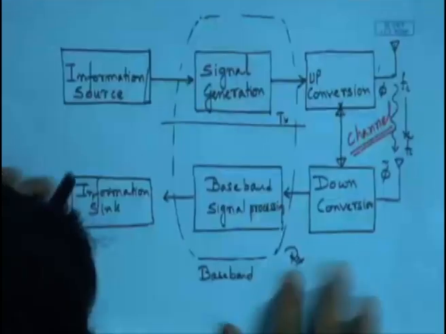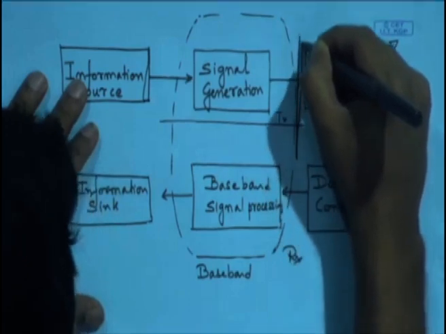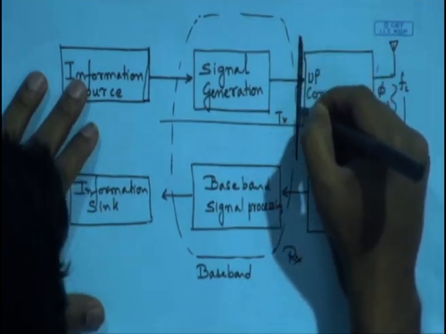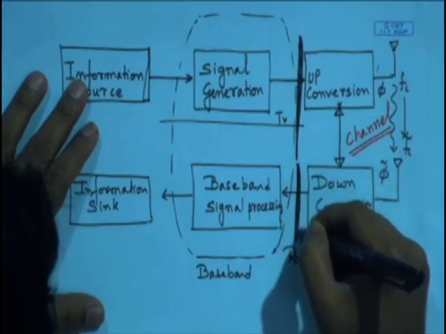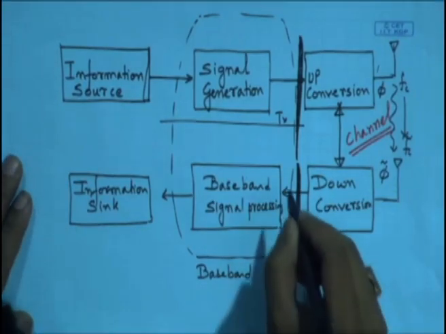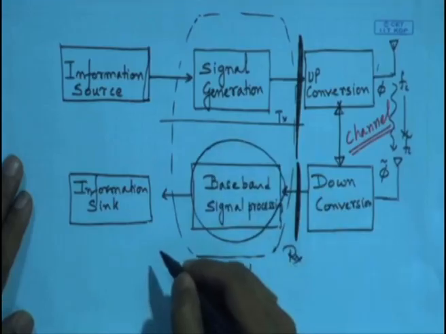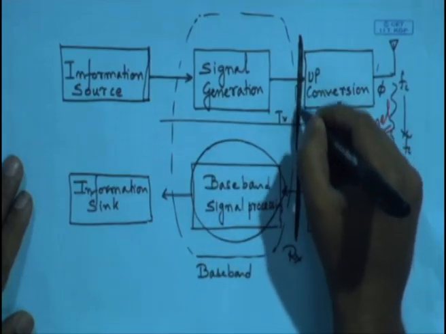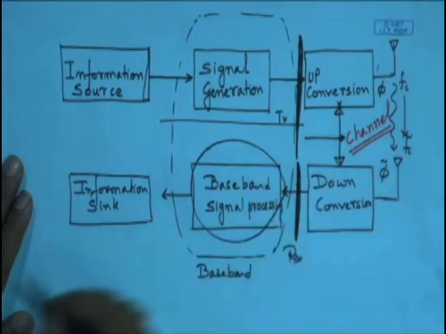In other words, we would be concerned with the baseband signals, where we assume the signal at this interface, whatever is generated there and whatever is received over here, is having only the channel effects. So, with this we will be concentrating on all kinds of baseband signal processing and what is the maximum limit of throughput that can be achieved between the transmitter and the receiver for different kinds of channels.